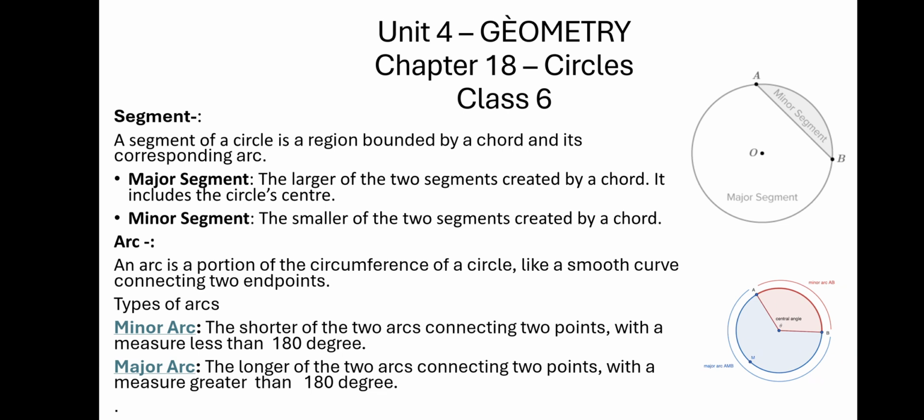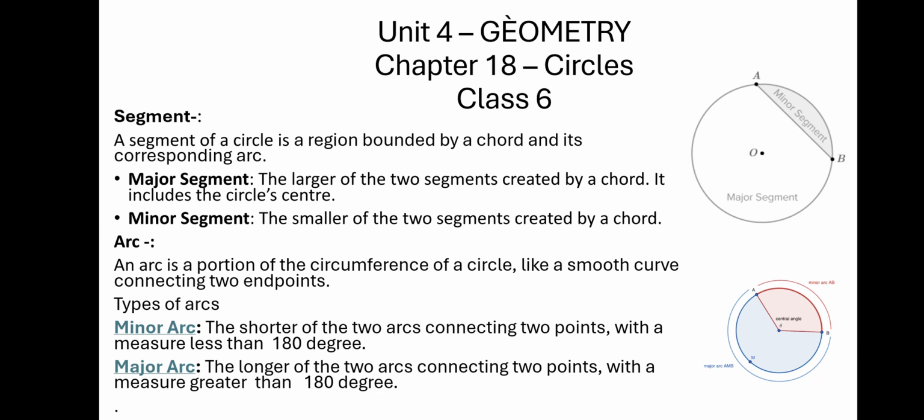And minor segment, the smaller of the two segments created by a chord. So you can see here in the adjoining figure the minor and the major segment, because chord CD divides the circle into two parts. One gives you the minor segment and the other is the major segment.